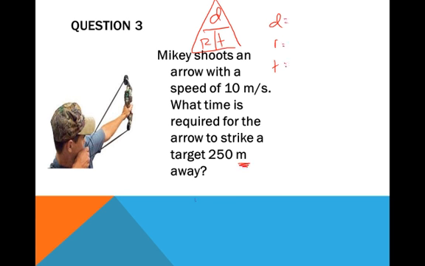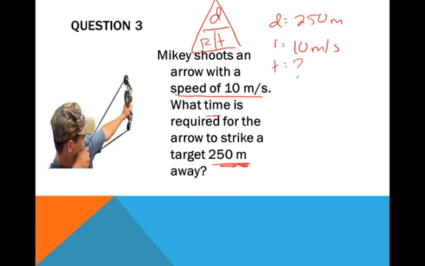Yes, I see here there's a meter and it says 250 meters away. So that is my distance, 250 meters. Now, do I know rate? Yes, because it says here a speed, and speed is rate, and it's in meters per second. So I know that this 10 meters per second is the rate, and it's asking what time. So this here is the question mark.